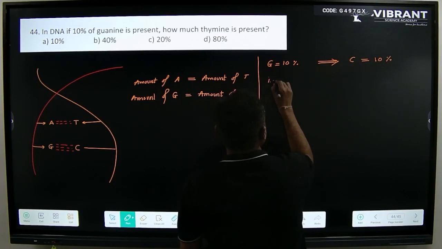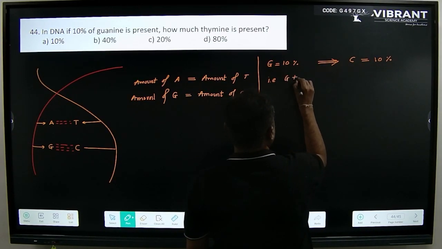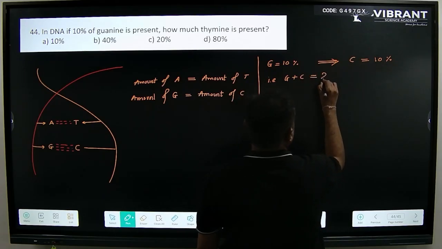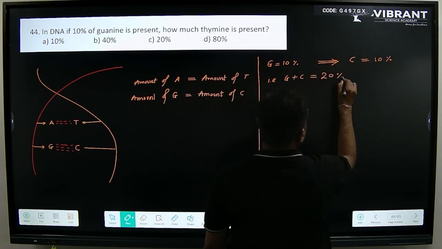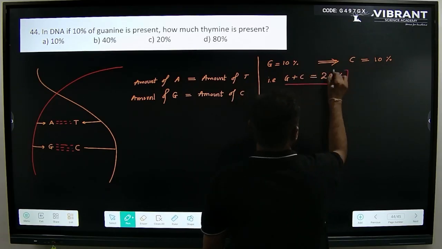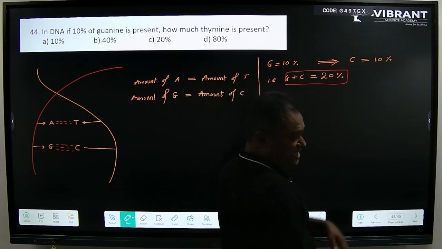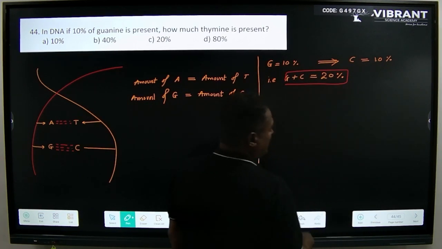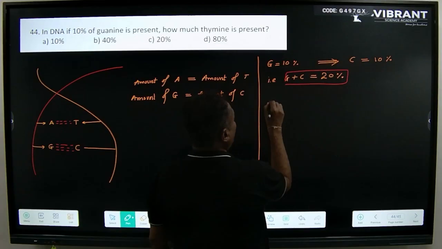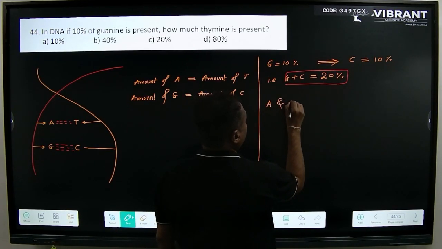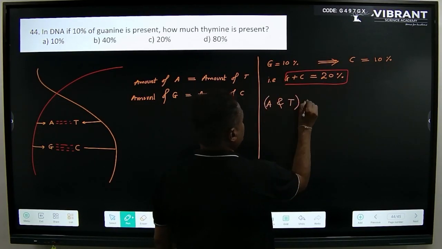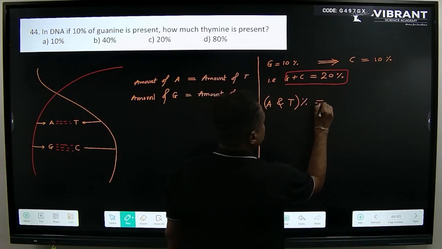That is, guanine plus cytosine will be approximately 20% of the DNA chain. So, as per the concept of percentage in DNA, your adenine and thymine percentage together has to be 80.